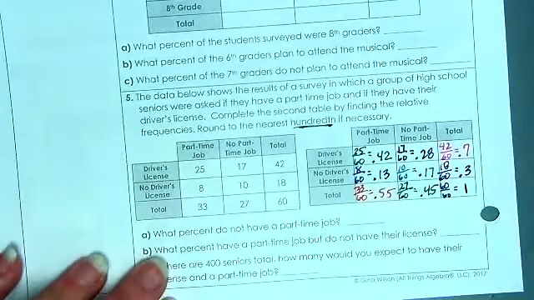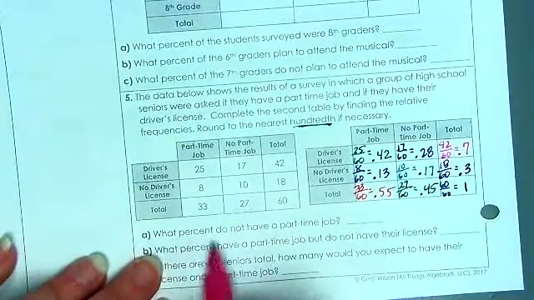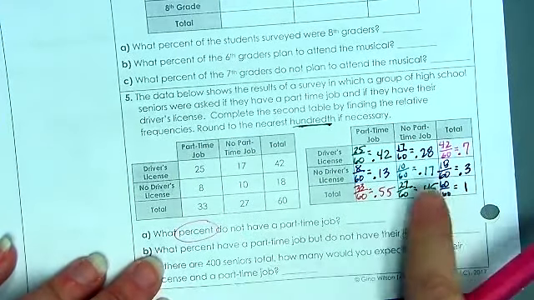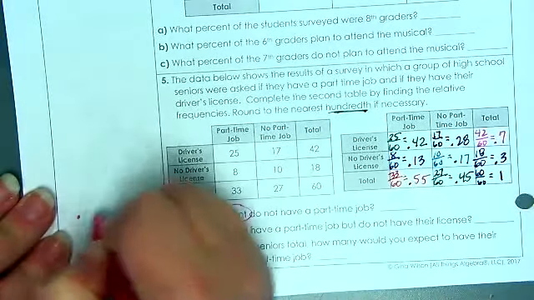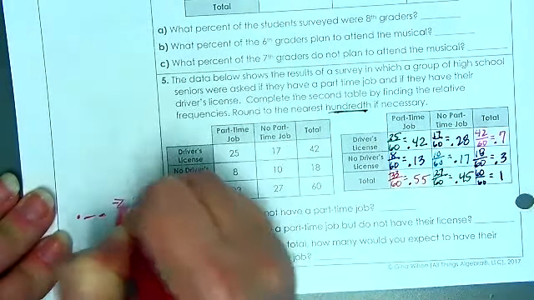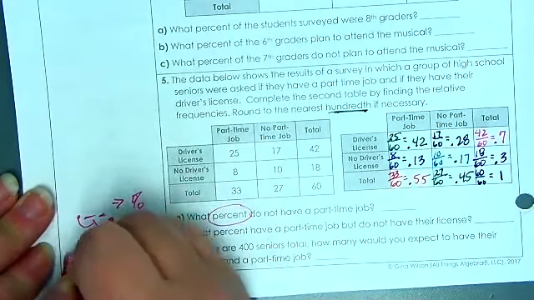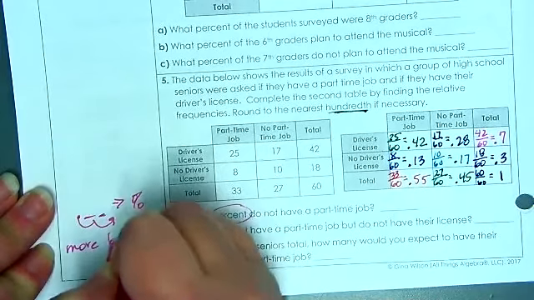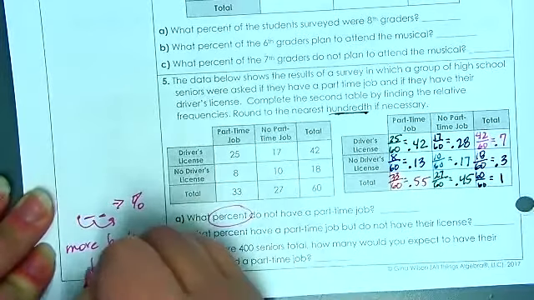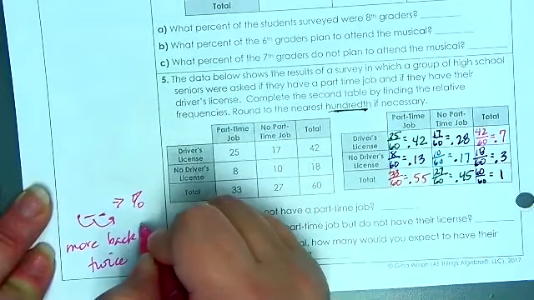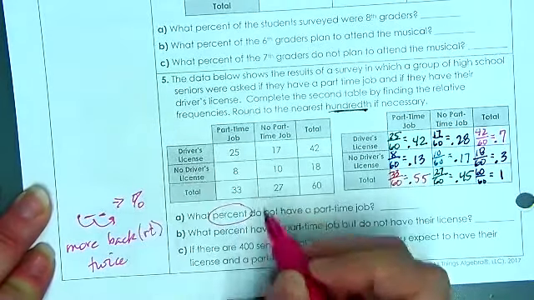All right, here we go. What percent do not have a part-time job? So I'm looking for percent. So if I've got it as a decimal, remember, to change it to a percent, we move it to the right twice.